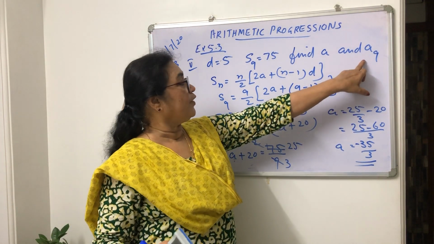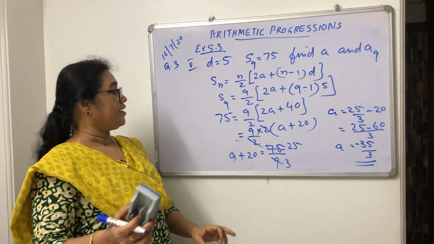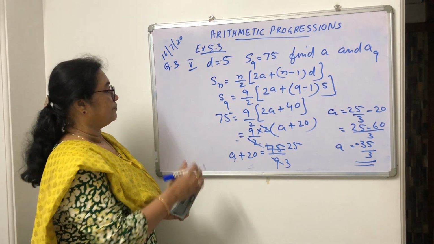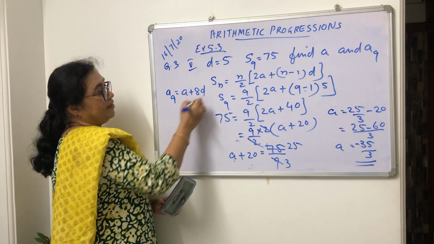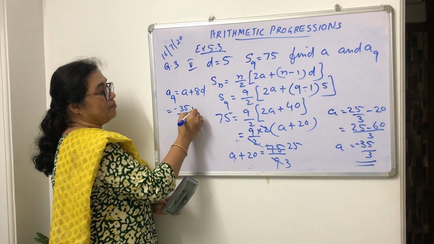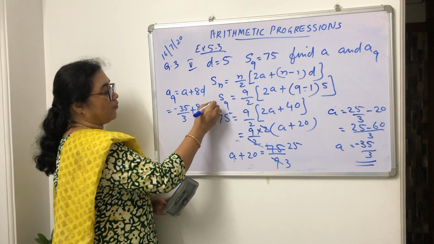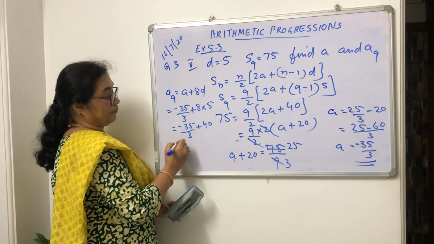Now you need to find out a9. What is a9? A plus 8d. A is given minus 35 by 3 plus 8 into d is 5. Minus 35 by 3 plus 40.